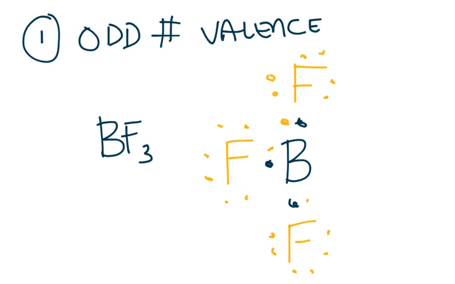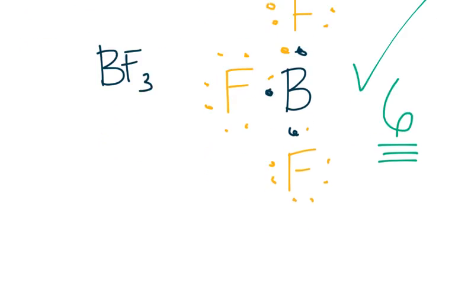The problem is, that boron only has 6 on it, but there's nothing left. I can't do a multiple bond, I don't have any extra electrons. This is literally everything I've got. Believe it or not, boron is happy just like that. There are occasions with things, boron is a big one, where boron is stable with only 6 electrons. He is an exception to the rule.